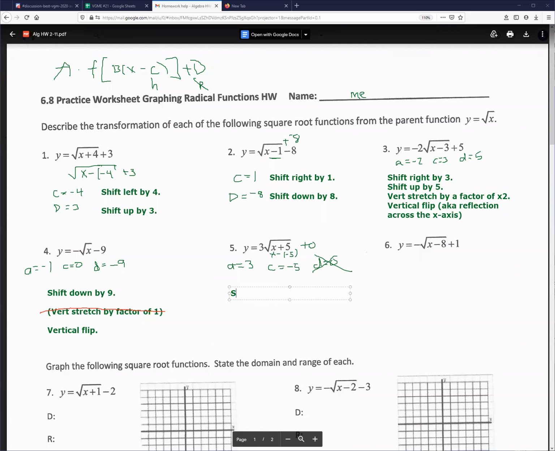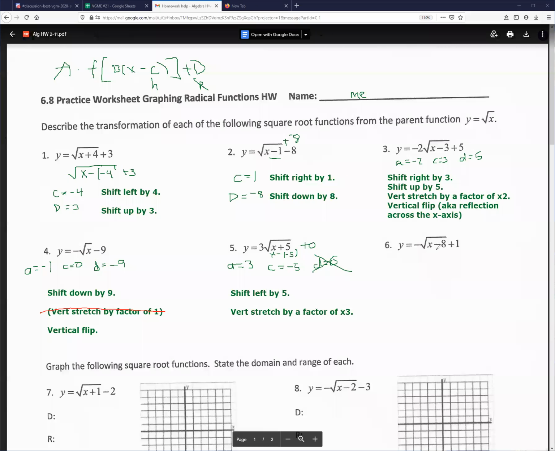C is a shift. It's by 5, but which way? So it's a horizontal shift, and it's in the negative direction. Horizontal negative is to the left. And then we've got a vertical stretch by a factor of 3. Everything will be 3 times as tall as it would have otherwise been.